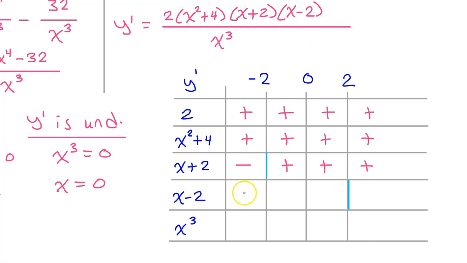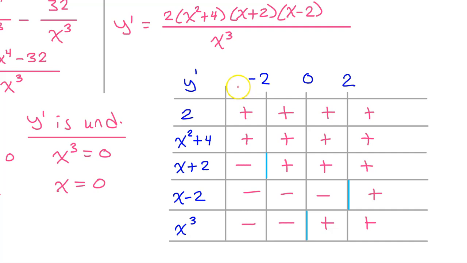It's going to be negative for values of x less than 2, and positive for values of x greater than 2. Cubing something does not affect whether it's positive or negative. X to the third power is equal to 0 when x is 0. It's going to be negative for values of x less than 0 and positive for values of x greater than 0.